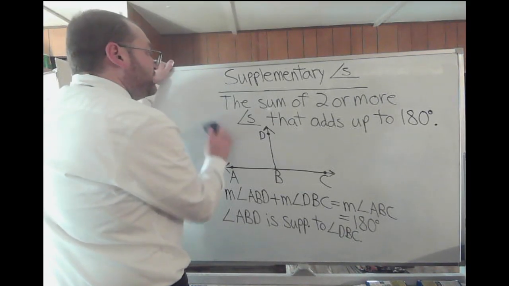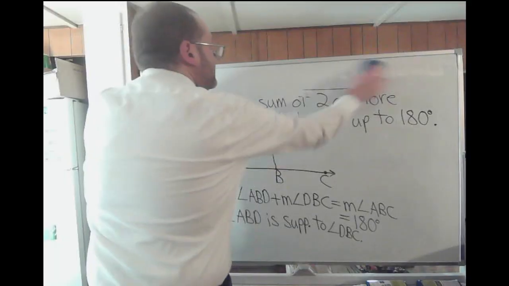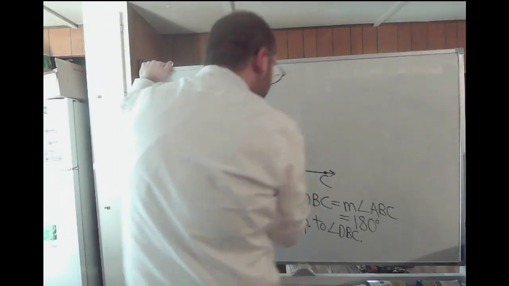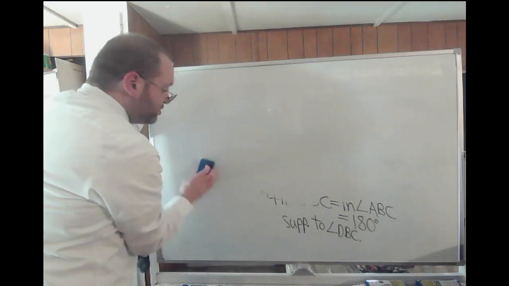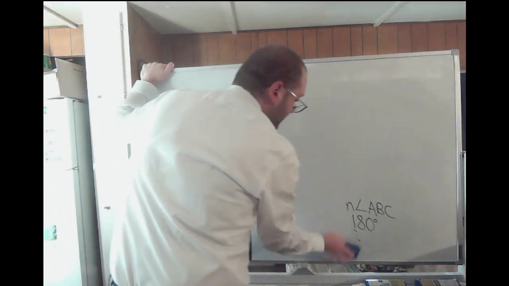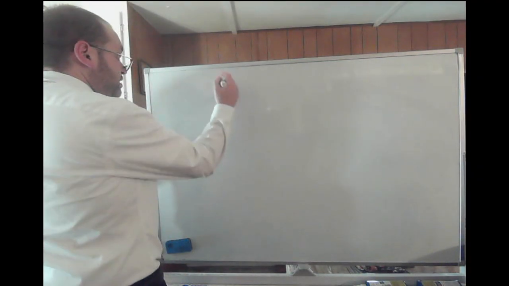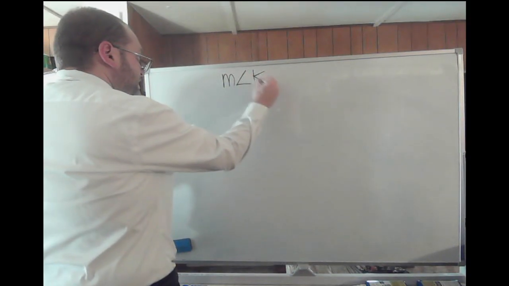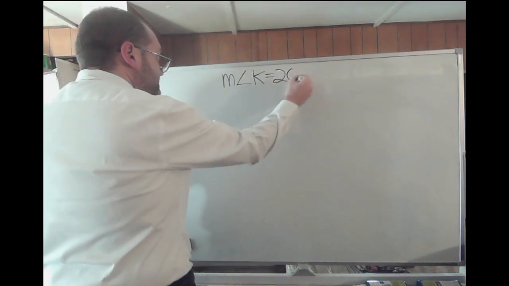And before we go on to vertical angles, let's do some exercises with complementary and supplementary angles. We're going to do a little bit of math and even throw in some algebra today a little bit. So, let's see here. We're given the measure of angle K equals 20 degrees.